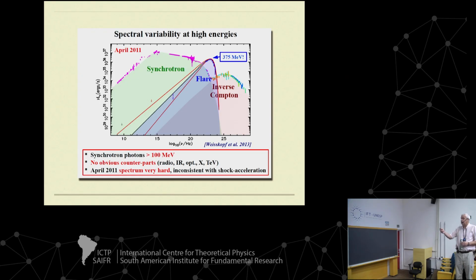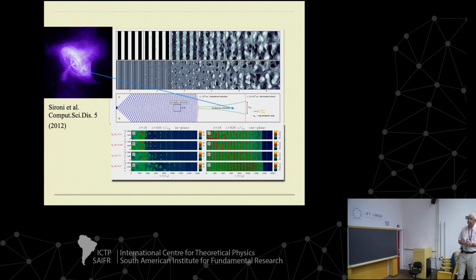In addition, there were no obvious counterparts in radio, infrared, optical, X-ray, or TeV energies. So this appears only at MeV, GeV energies. So what is going on? Well, the idea is that the one responsible for this is this pulsar that we have inside the supernova remnant. This pulsar produces a strong wind, as I mentioned.